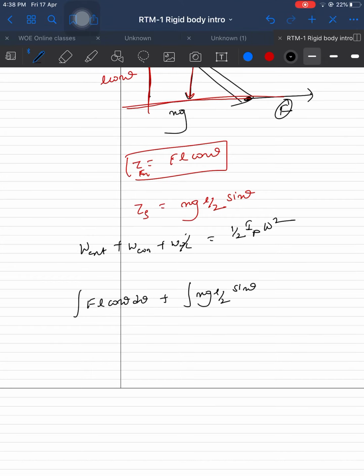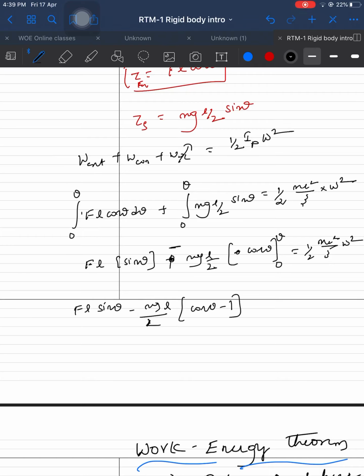Okay, FL sin theta minus mg L by 2 cos theta minus 1 is equal to half ml square omega square by 3. So you can cancel L square, and if you want omega, send all the other terms to the other side, you will get the omega value.